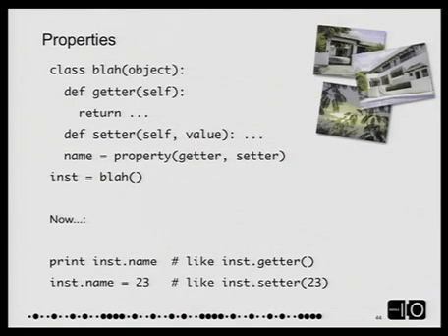Now, every time you access that name, inst.name, Python internally calls the getter method for you. And every time you assign something to that name, it calls the setter method for you. So that's very nice syntax to be substituted to method calls.